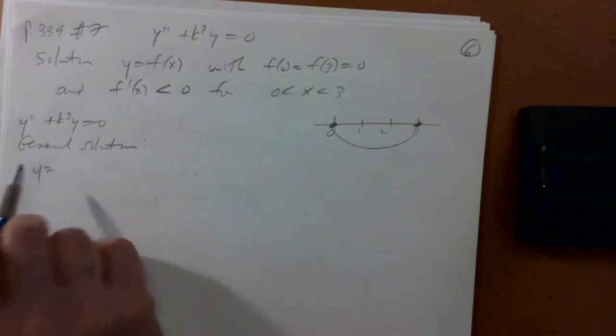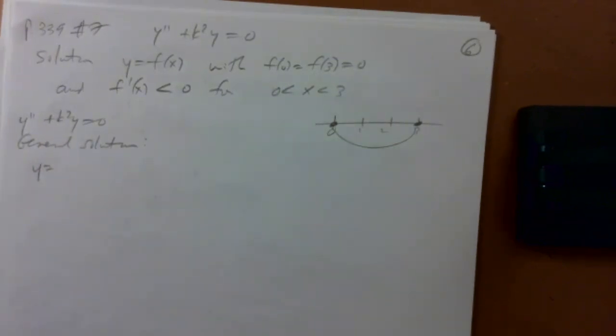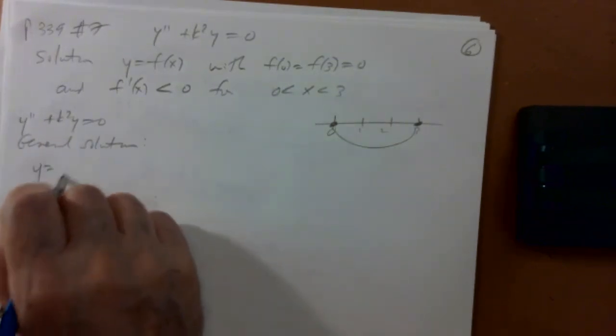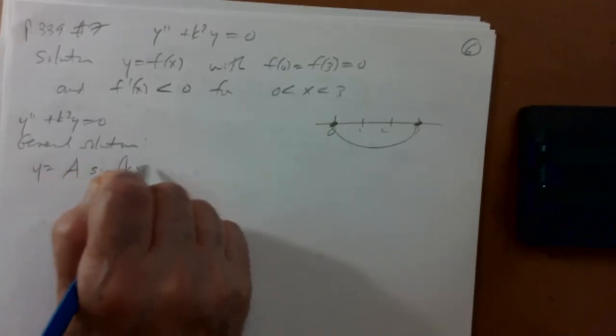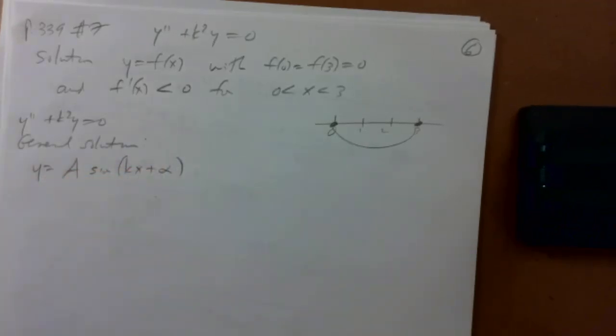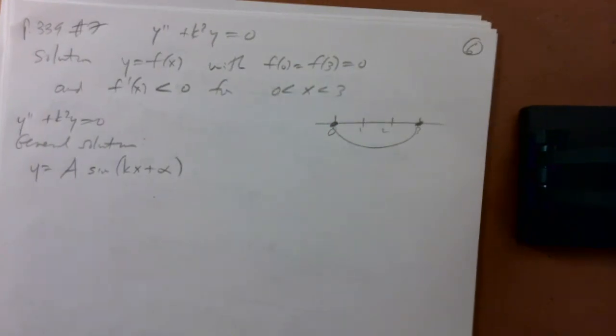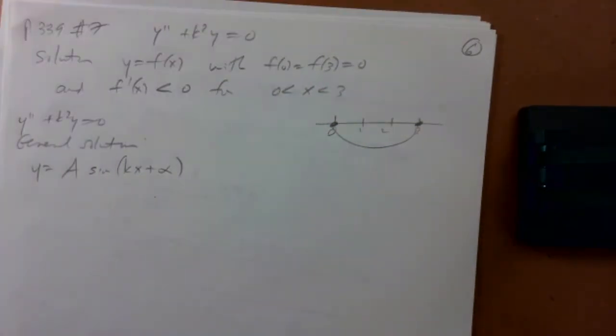It's y equals, of the general form, a times the sine of kx plus alpha, right? Every simple harmonic oscillator has a solution which can be represented in this form. It's a sine wave with amplitude a, and there's a phase shift of alpha.